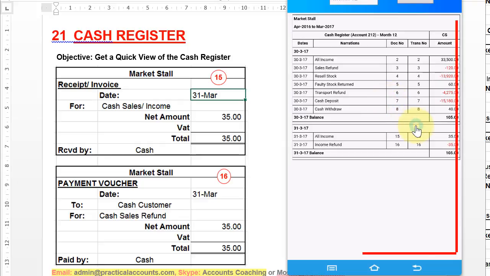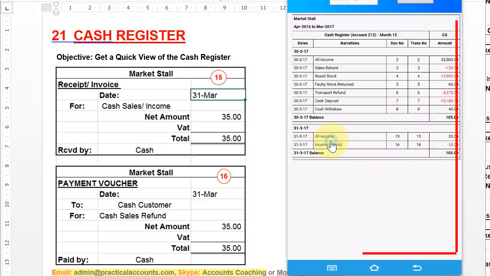At the moment we ignore the opening balance, but looking at the money received and the money paid out, on the 30th we received 33, we received 60, we received 40. And we paid out 120, 39.20, 40.75, and 15.180. And the balance on that date was 105.